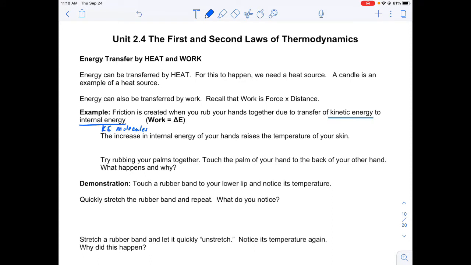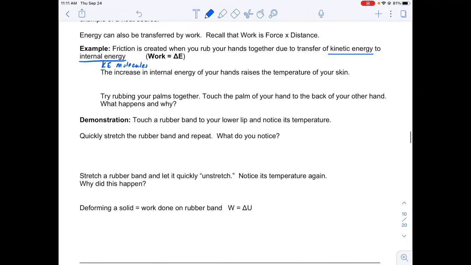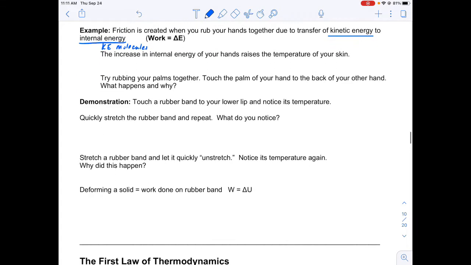So remember that temperature is directly proportional to the average kinetic energy of the molecules that make up the substance. So in that case, the work that I do goes directly into heating up my hands. So you can try that for yourself.